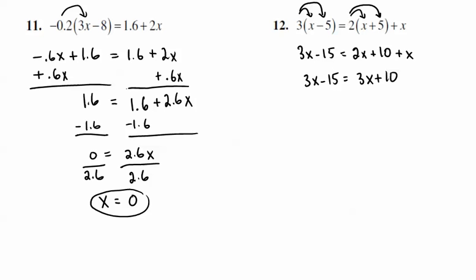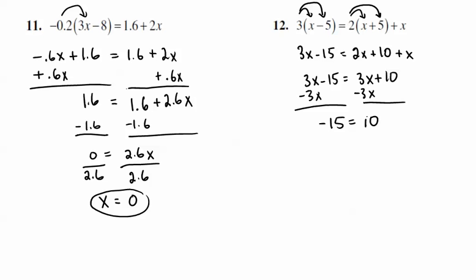So the first thing that I want to do is to get my x's on the same side. And you notice the x terms are the same. And if I subtract 3x from both sides, I'm going to end up with negative 15 is equal to 10. And that can't be possible ever.